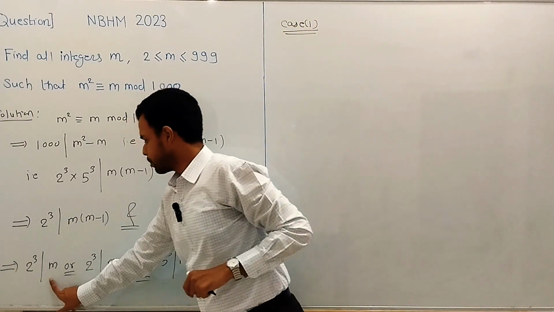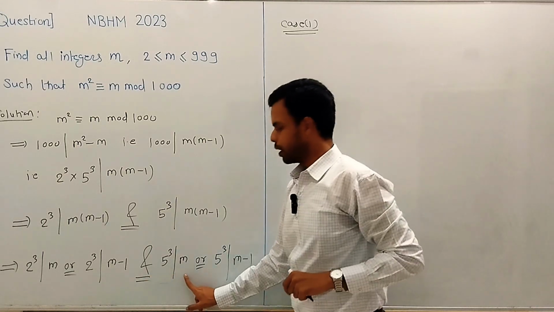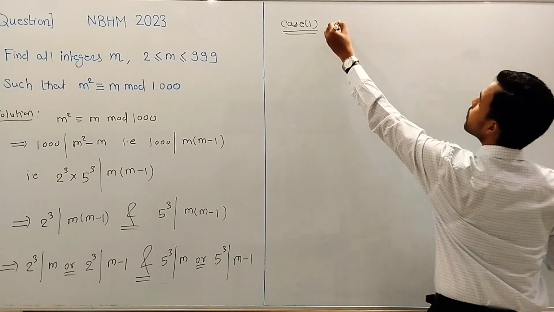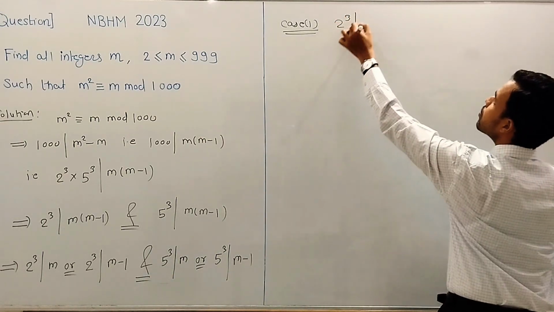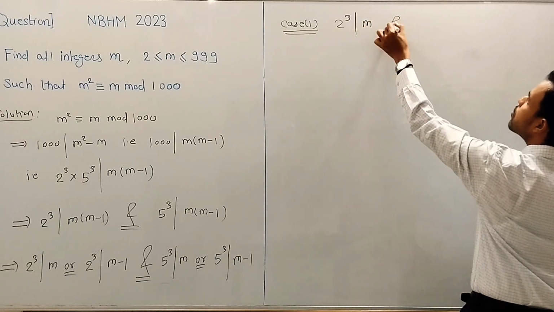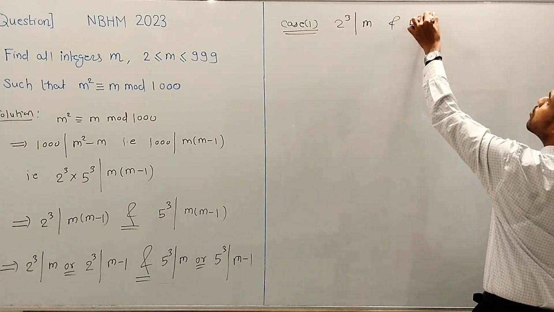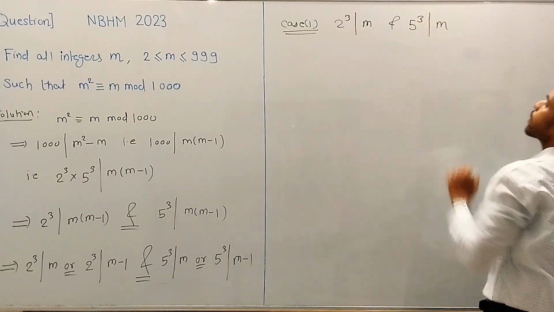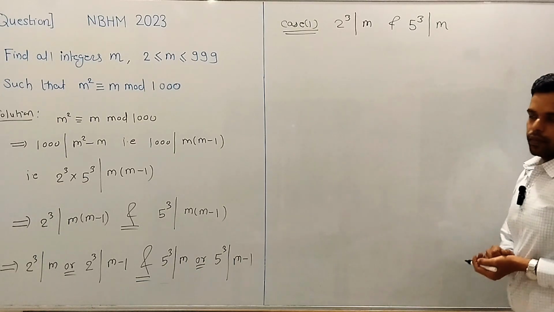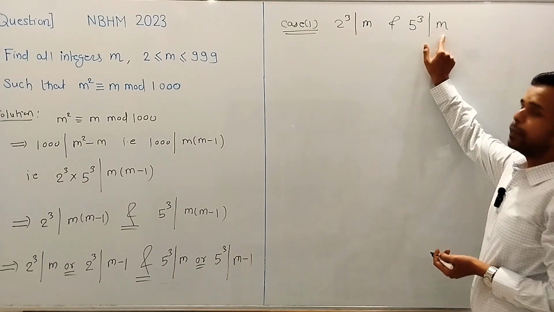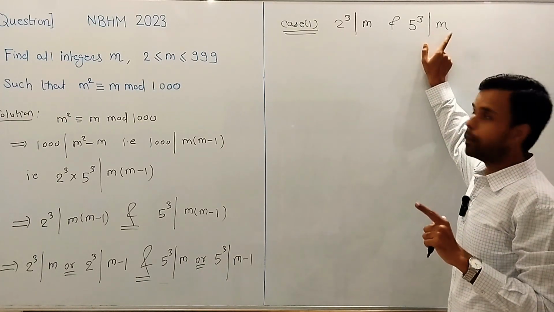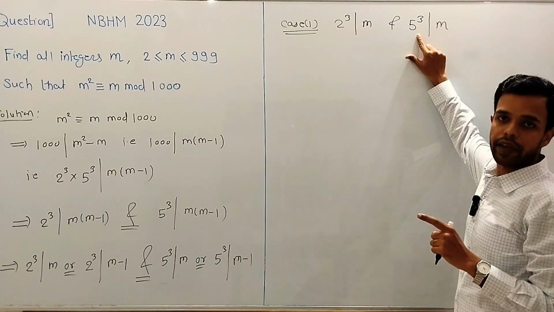2 cube divides m and 5 cube divides m. Now a divides b implies b equals some multiple of a.